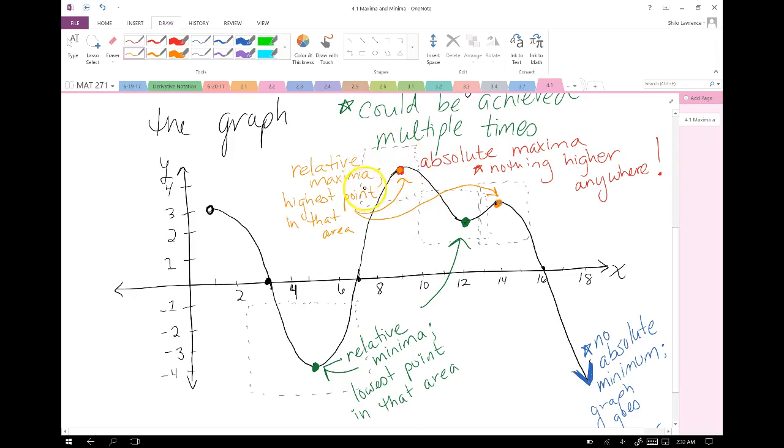We're just interested in how they compare to their surroundings. So for something to qualify to be a relative maxima or minima, they just have to be higher or lower than their neighbors. If they're the highest or the lowest compared to their neighbors, then they would qualify as a relative maxima or minima, even if they're not the highest or lowest on the whole entire graph.